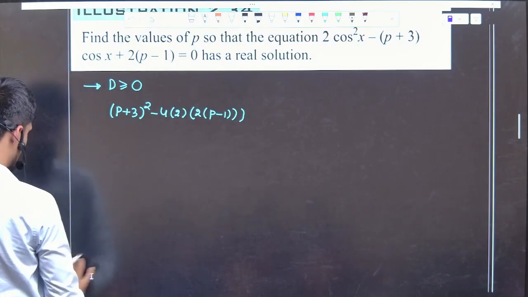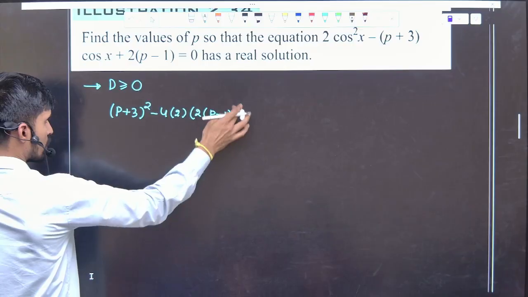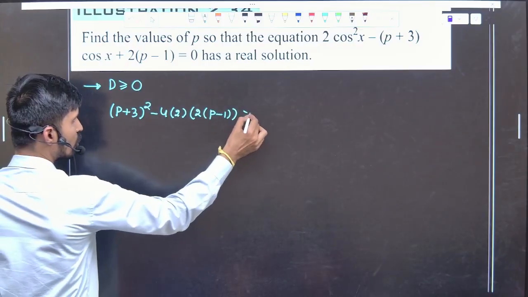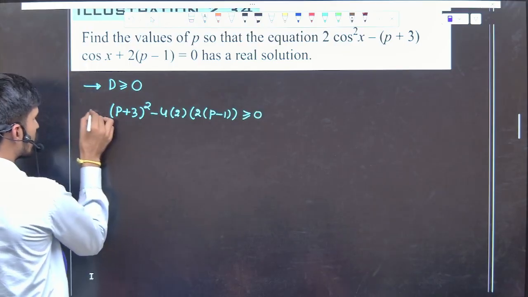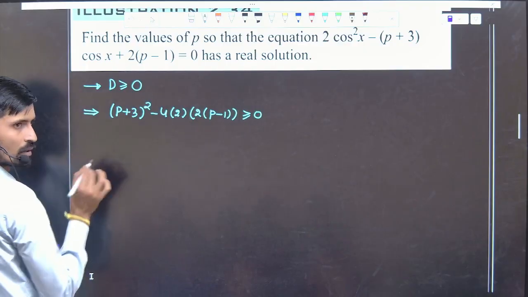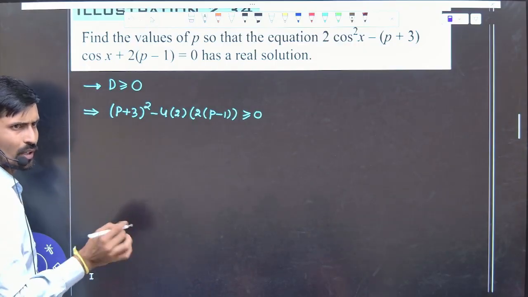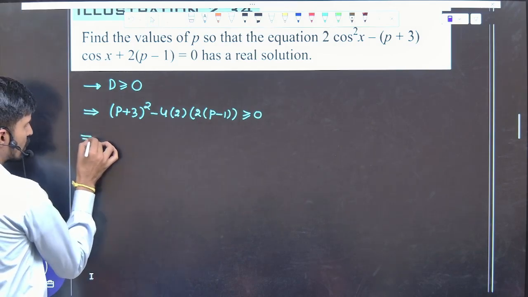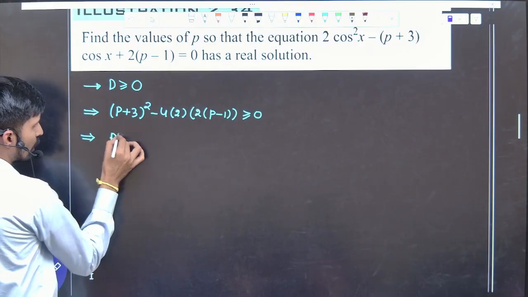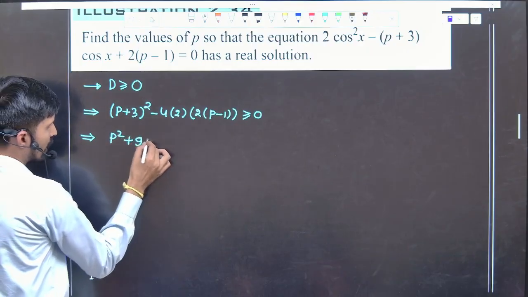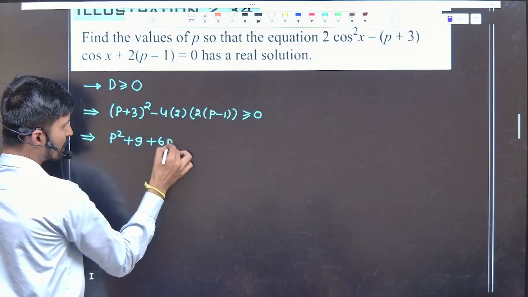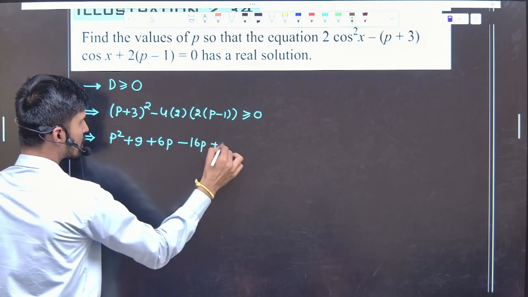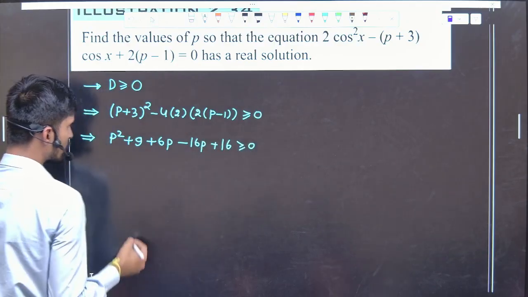Yes or no? So this should be greater than or equal to 0. If any quadratic has roots, 100% this would be greater than or equal to 0. Now when we solve this, this will become p square plus 9 plus 6p minus 16p plus 16 greater than or equal to 0.